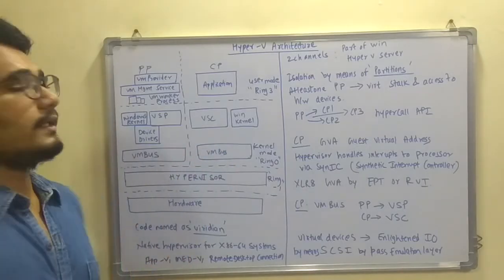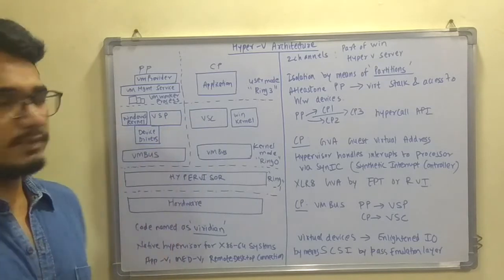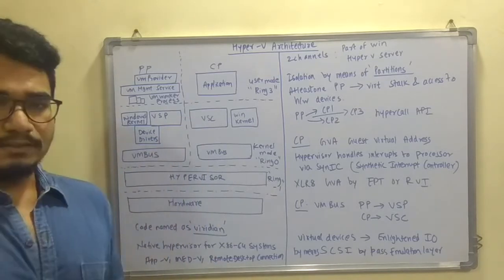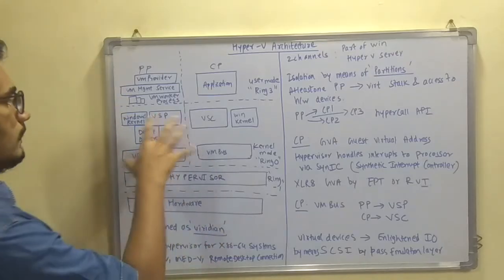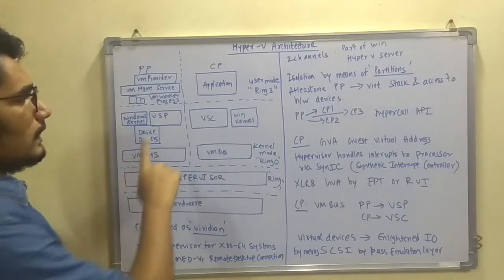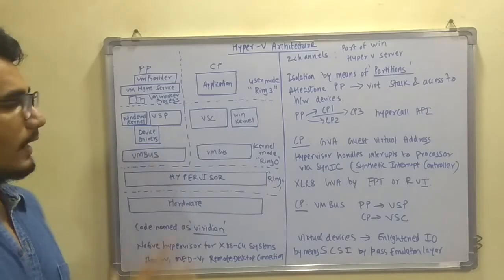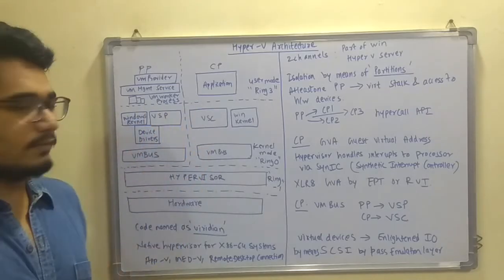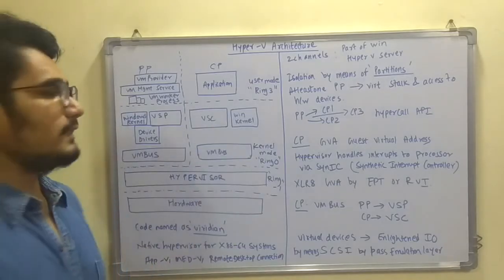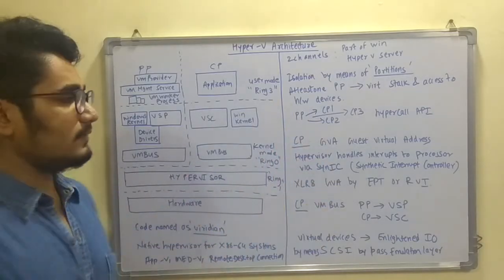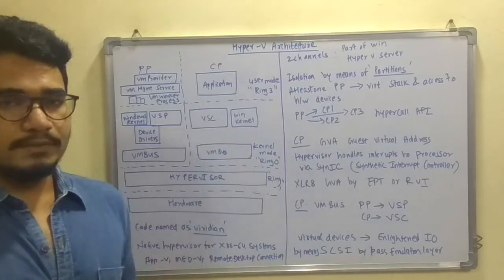This parent partition runs the virtualization stack and has direct access to the hardware devices, like I have said. So there you have the device drivers, while child partitions don't have this transparency. The parent partition creates child partitions, CP1, CP2, CP3.